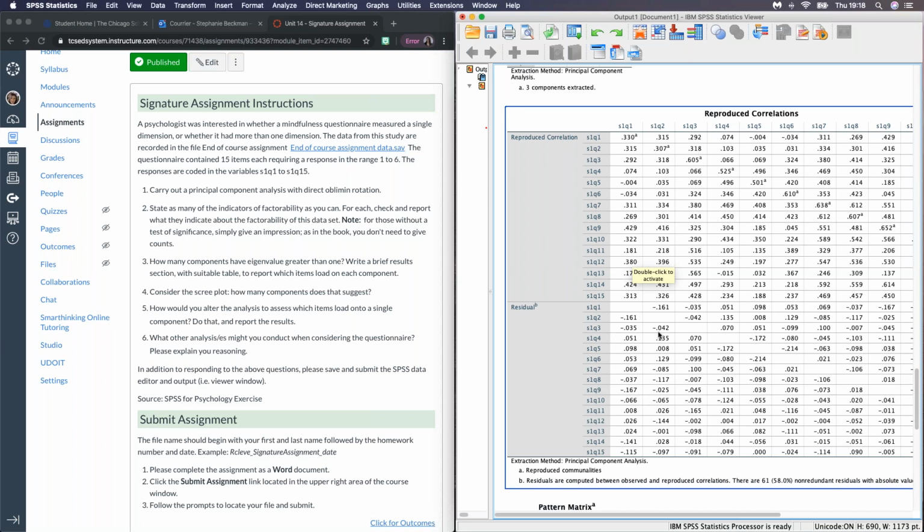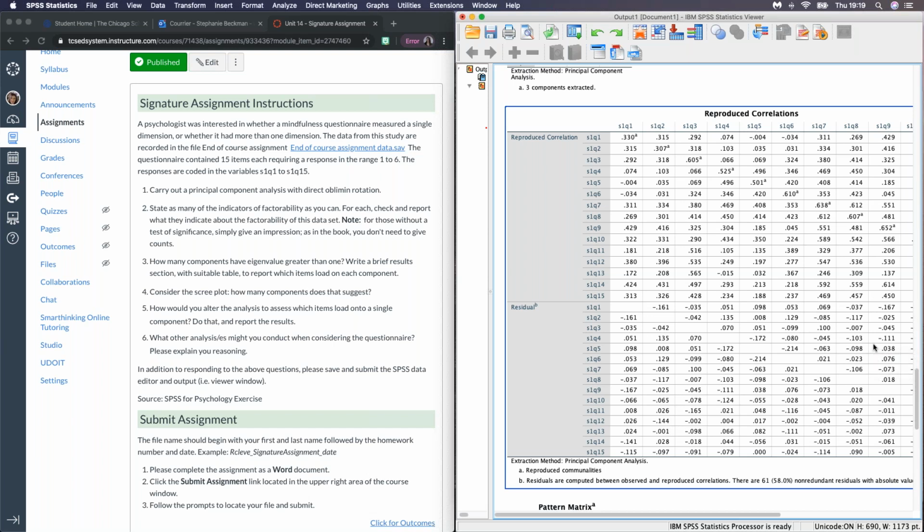Another indicator of factorability is the smaller the residuals, the more likely the analysis is a good explanation of the data. So when we look at this, we have negative numbers, we have things that are close to 0, 0.0, 0.0. None of these numbers are high at all. So all of these really low residuals are telling us that this is a good explanation of the data.